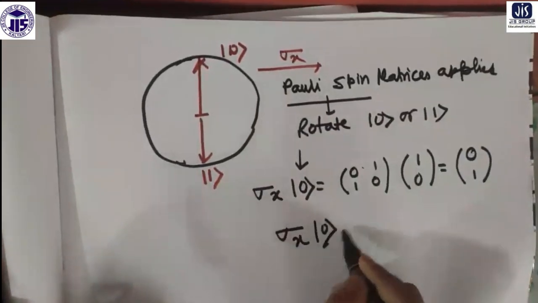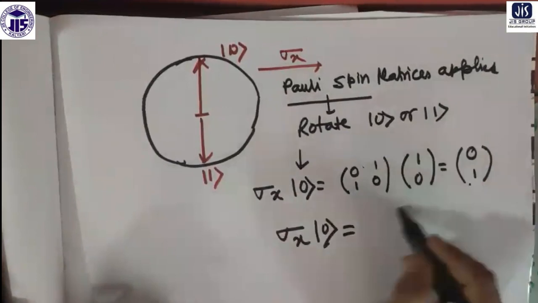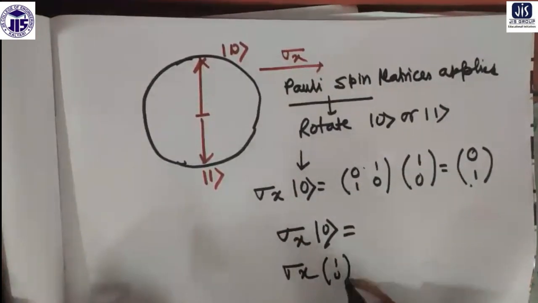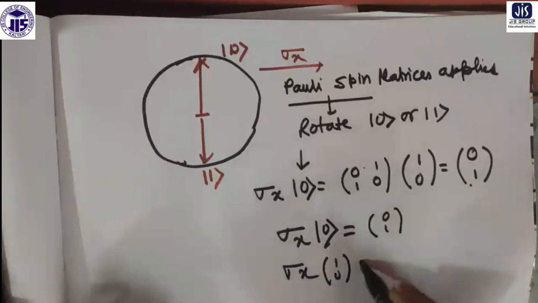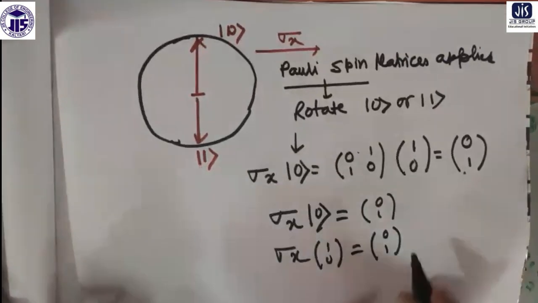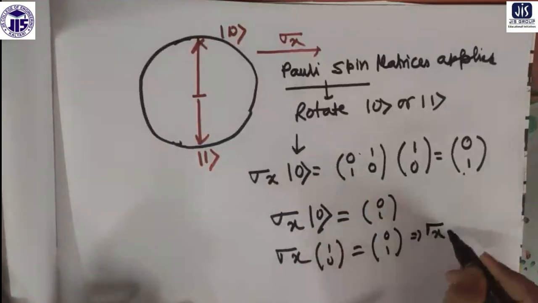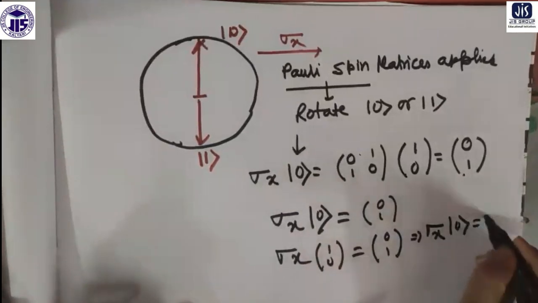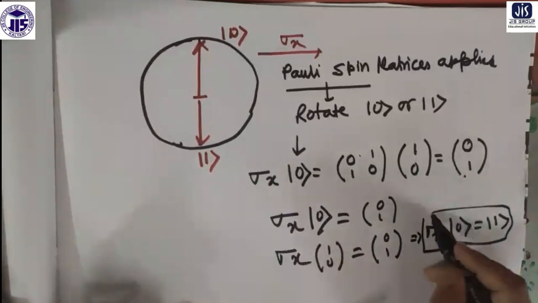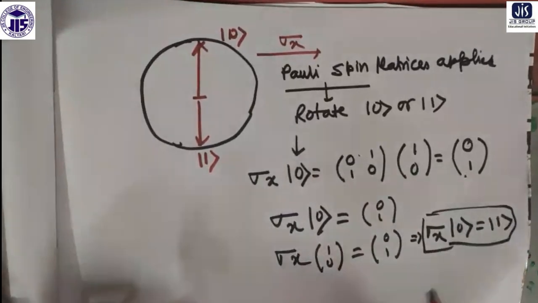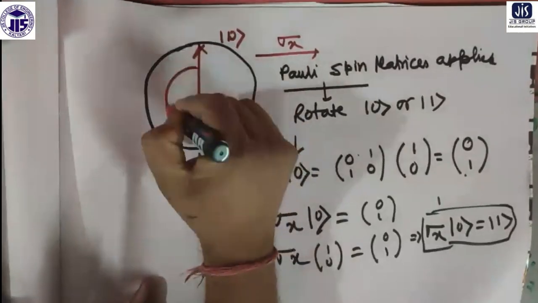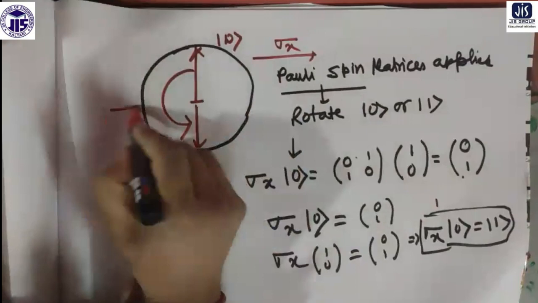Sigma x acting on 0 has produced 1. Because of this small operation, you have converted the 0 into 1. So you have flipped it.